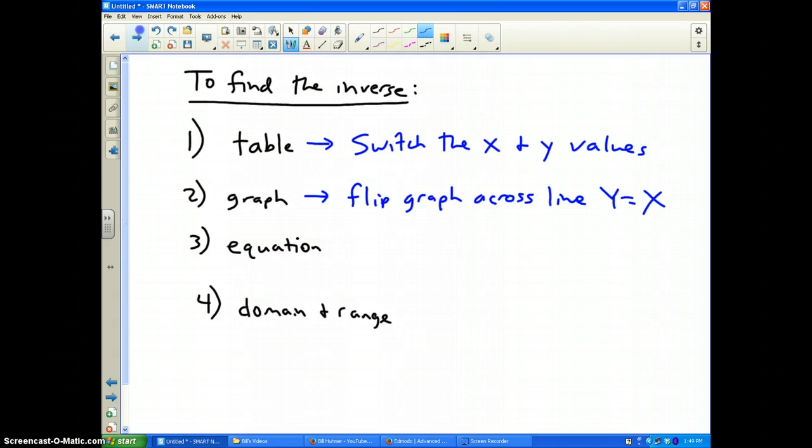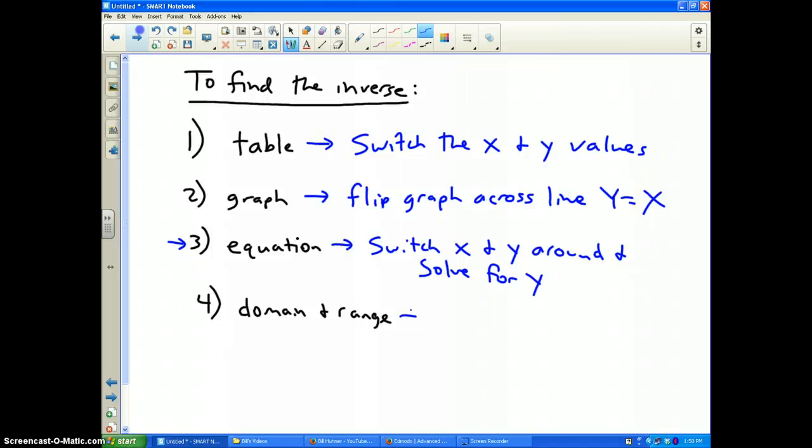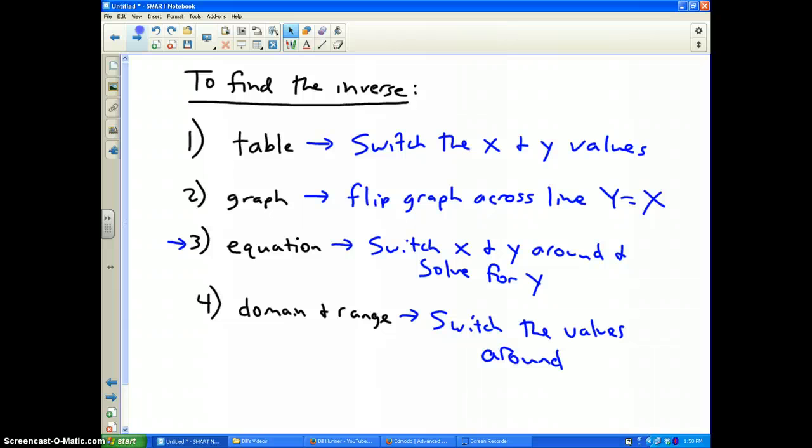To find the inverse equation, which we'll do in the next video, switch x and y around and solve for y. That's the topic of the next video. And finally, to find the inverse for domain and range, switch the values around. Switch the domain and range. And there you go. That's inverses.